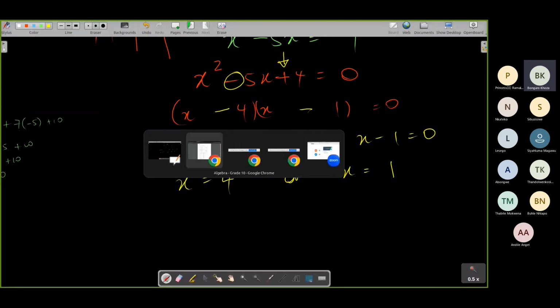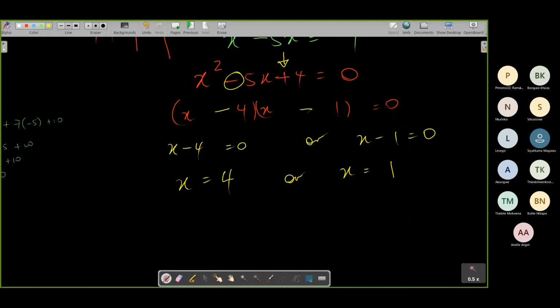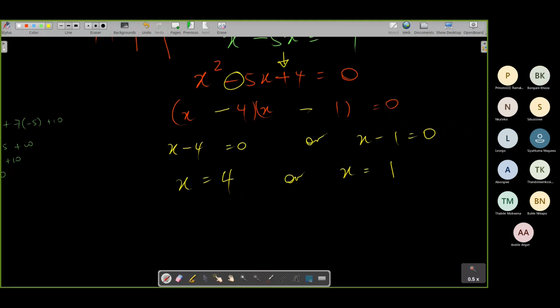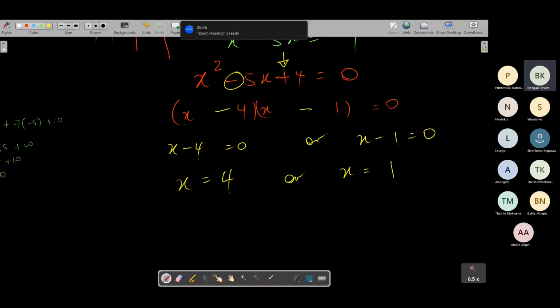Can us on Zoom jump into the other link? Where's this Zoom thing? Let's jump into the last link for Zoom. Start meeting.